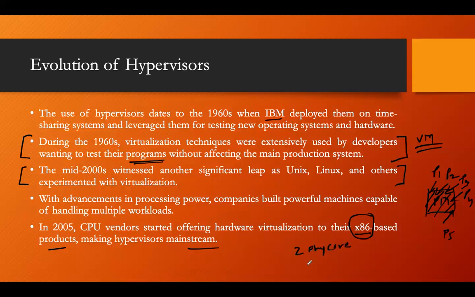Let's say your CPU has 2 physical cores, and when you try to find out how many logical cores it can generate, you find that in my machine I actually have 2 cores of CPU, but logically it is generating 4 logical cores. It means 4 separate processes could run on these 4 logical CPUs.